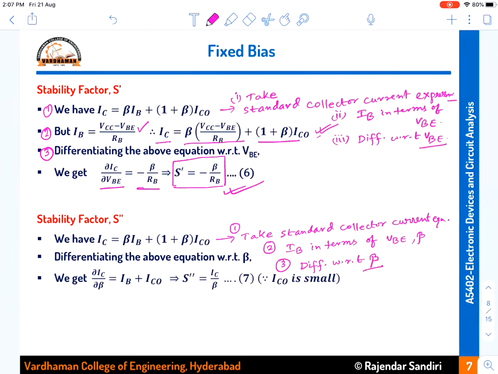We have to differentiate the equation with respect to beta.